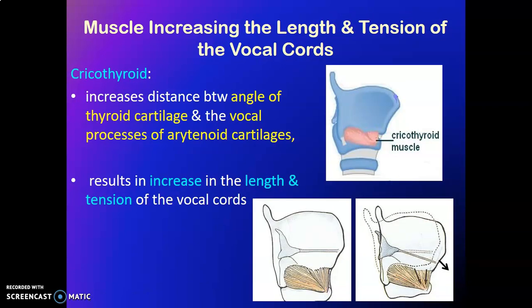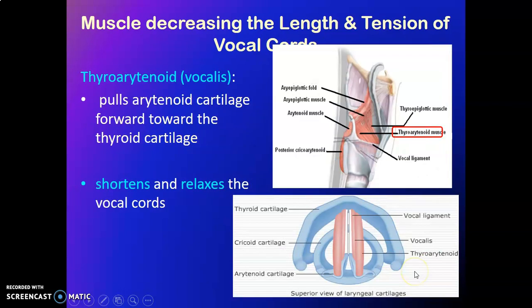So that way, you have increased the distance between the angle of the thyroid and the vocal process of arytenoid. So this was the original length and tension. Then after cricothyroid contracting, that becomes the length and the tension. So it has been increased.